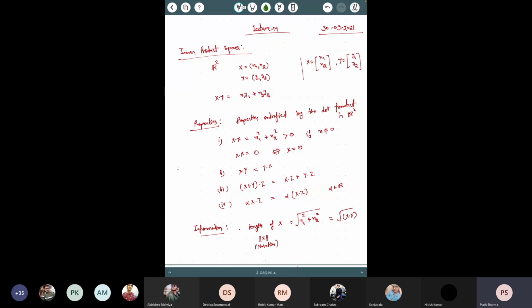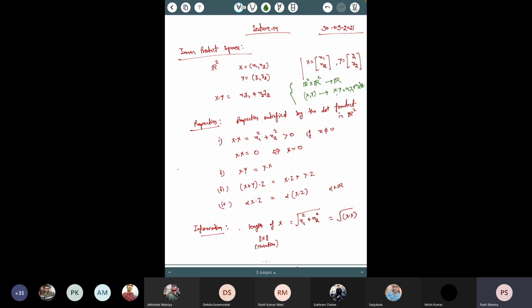Dot product is a mapping from R2 cross R2 to R. What it does is it takes any two vectors x and y, and it sends this pair to x dot y, which is defined by x1 y1 plus x2 y2. So it's a function from R2 cross R2 to R, such that this function satisfies these properties.